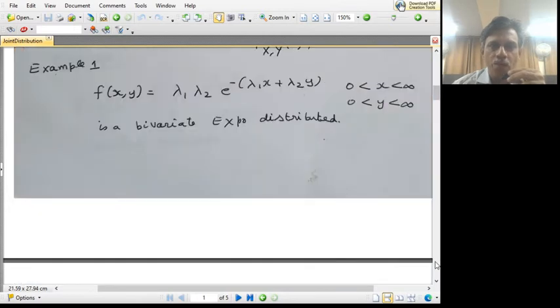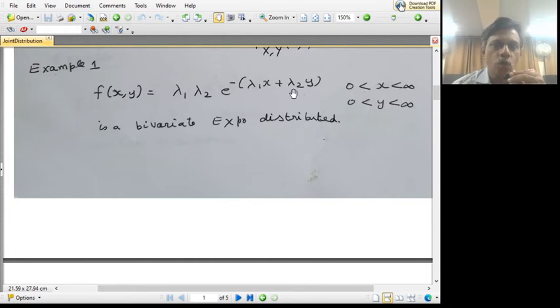Well, now with this in mind, let us get into some examples involving joint probability distributions. Let us consider a density function of two variables x and y. The joint density function f_XY of x comma y is given as lambda 1 lambda 2 e power of minus (lambda 1 x plus lambda 2 y), and is defined only for non-negative values of x and y.